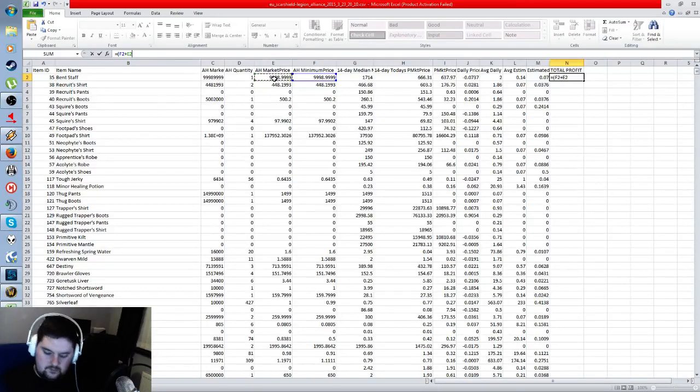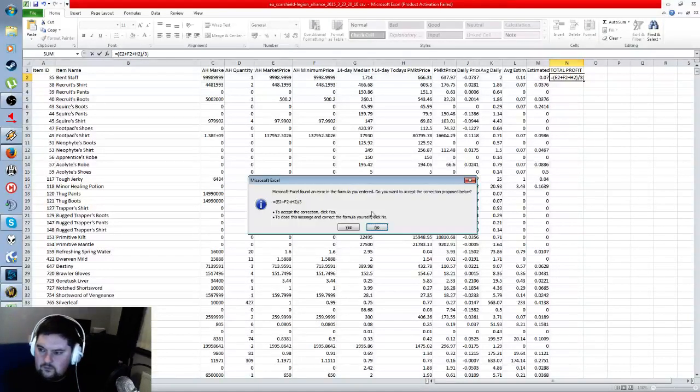Sorry, I should have done that the other way around. Just for the sake of it, you take the market price, you add the minimum price, and then you add the projected price. Now you want to take the average of them, so you divide it by 3.